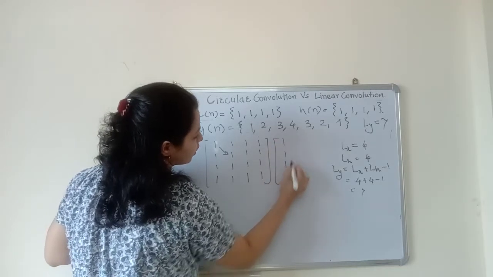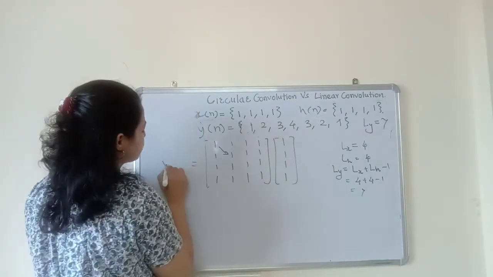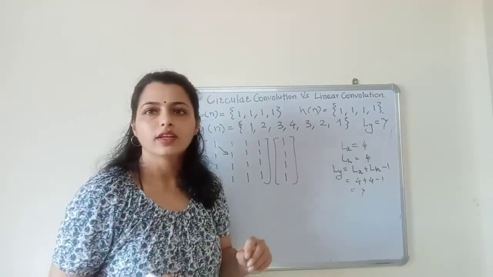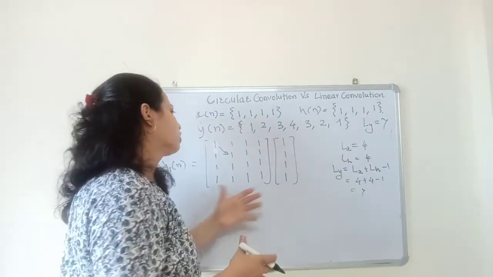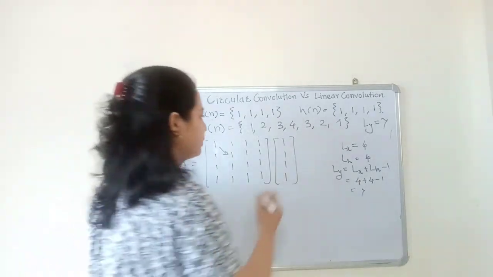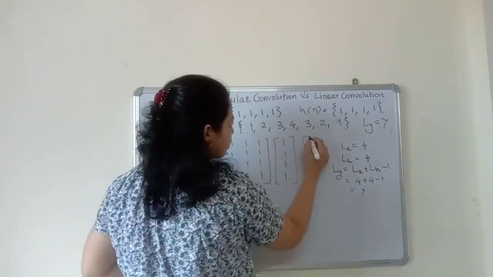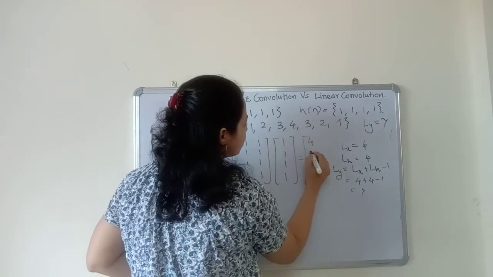So this is your y1 of n. I'll name it y1 of n because we are going to check different cases to see what the output will be. Here we get the output: this row multiplied by this column, 1 plus 1 plus 1 plus 1.